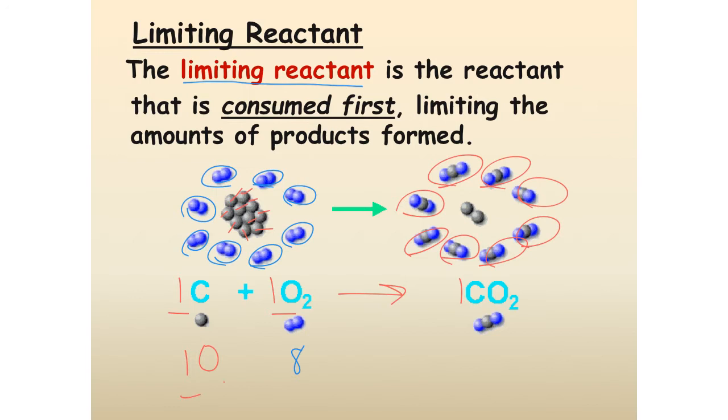We were able to use up 8 of the carbons to produce 8 CO2 molecules. So oxygen was the limiting reactant because it got totally consumed first. It limited the amount of carbon dioxide that we could produce. Carbon was left over in excess because we didn't use all of it.